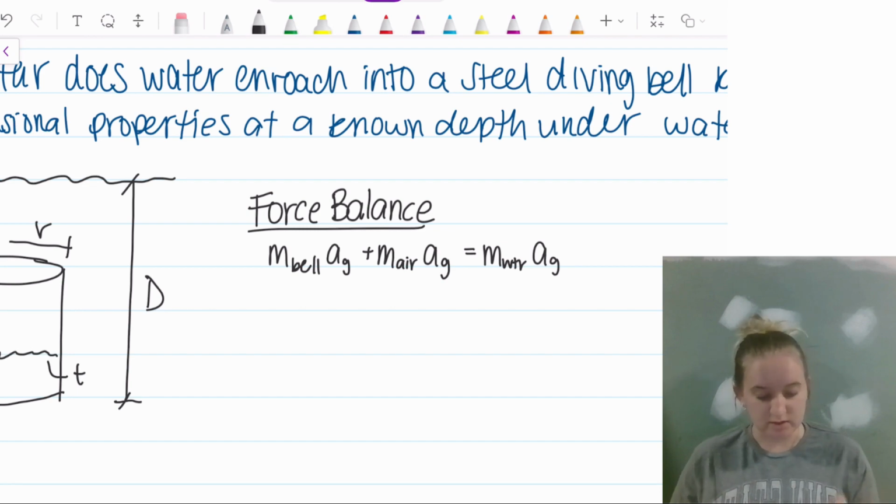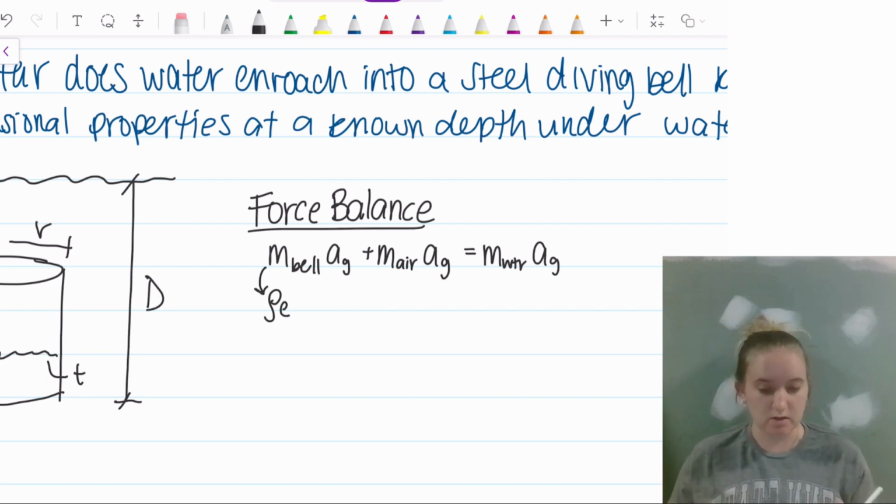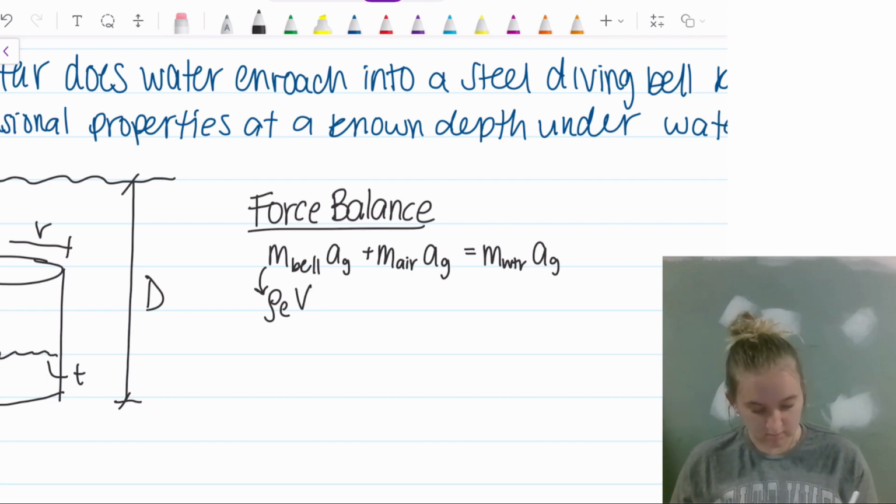So we'll just represent that as rho E. Our mass is going to be equivalent to our effective density, rho E, times the volume of the bell, times G, which is gravity.